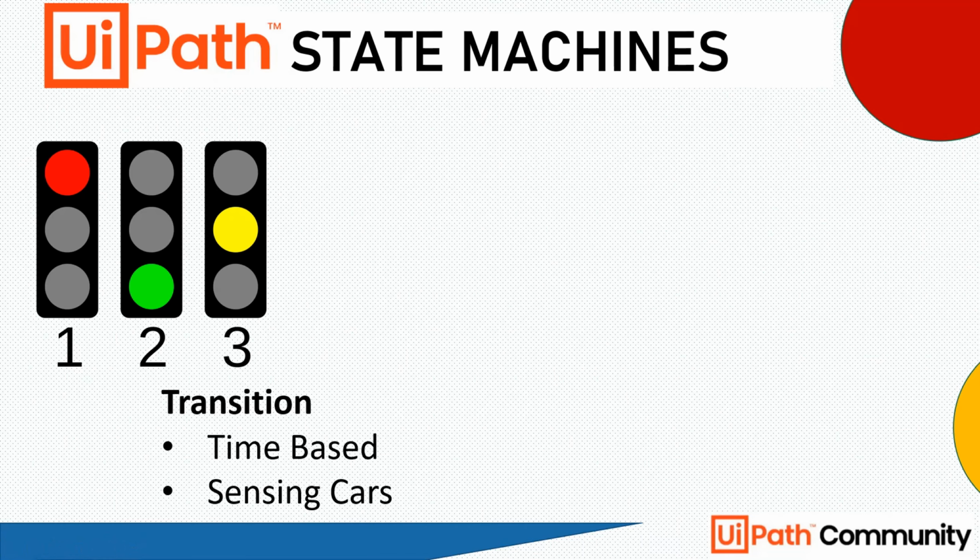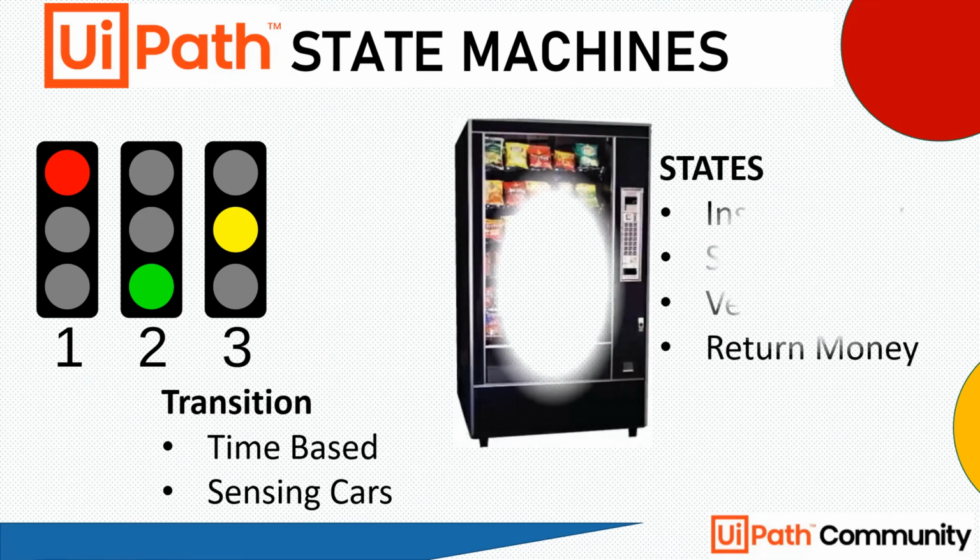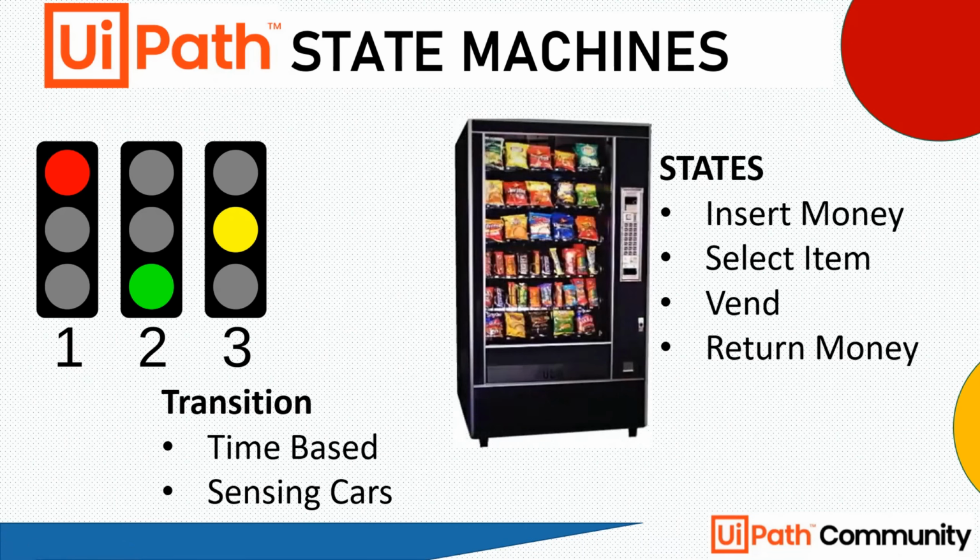Okay, so now have you seen a vending machine? So how does a vending machine work? You insert money, right? You select the item, you get the item, and then it returns you the money. It will never happen that you insert the money, you don't get the item and it returns you the money, right?